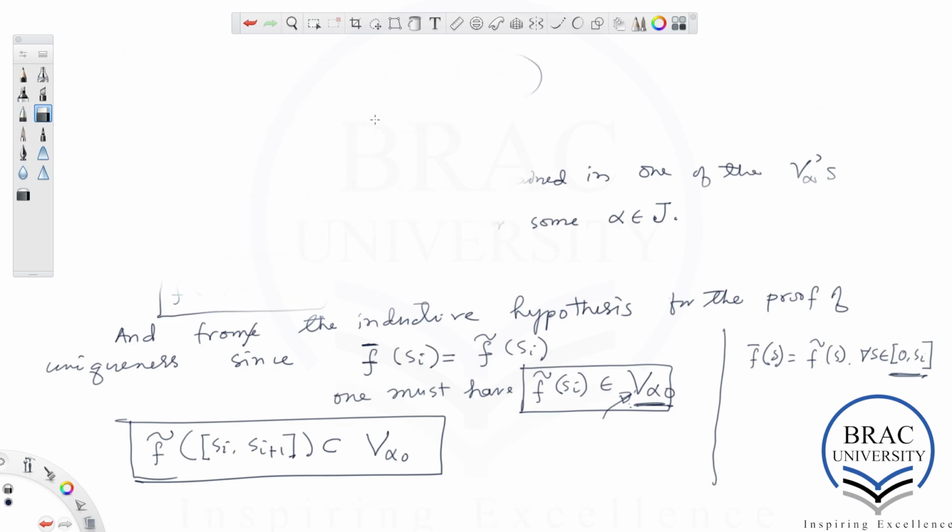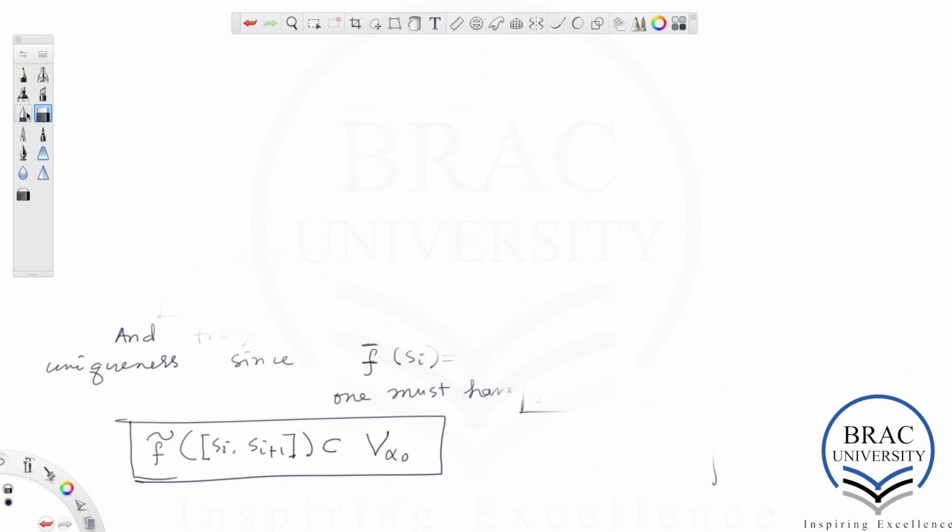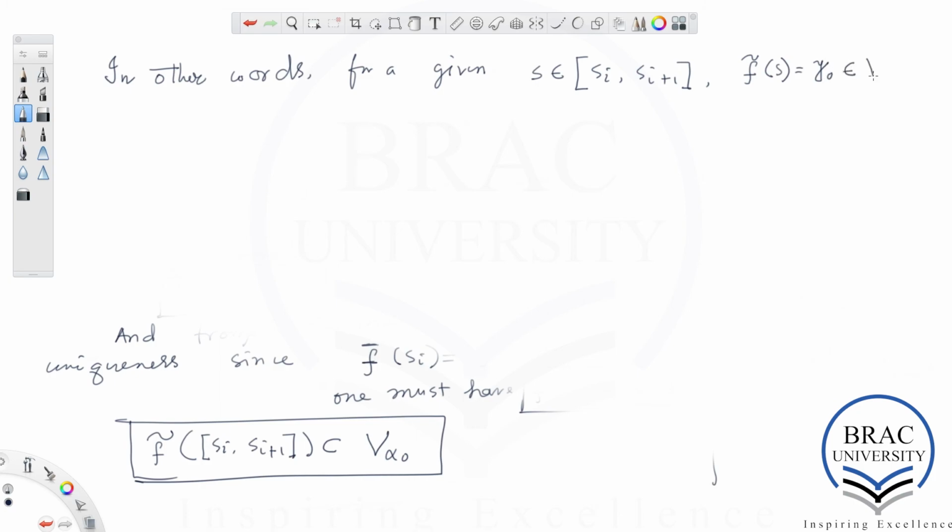Okay, we have gotten this far. So in other words, for a given s in this subinterval [s_i, s_{i+1}], F tilde of s is some point y0 that should be contained in V sub alpha 0.